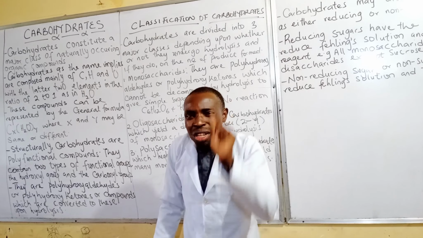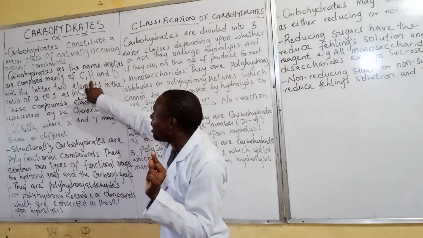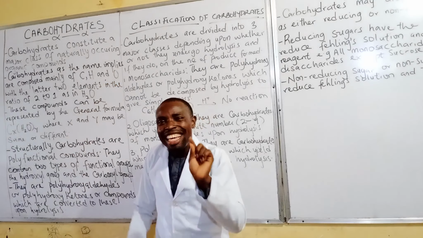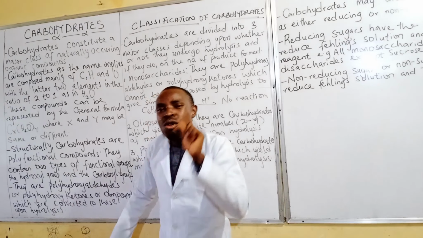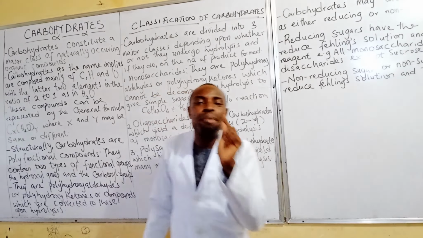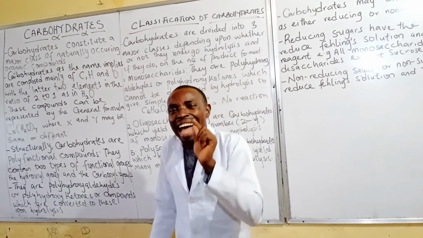The two latter, hydrogen and oxygen, are in the ratio of 2:1, as in the case of water. And the general molecular formula of carbohydrates is Cx(H2O)y, whereby x and y can either be the same or different.